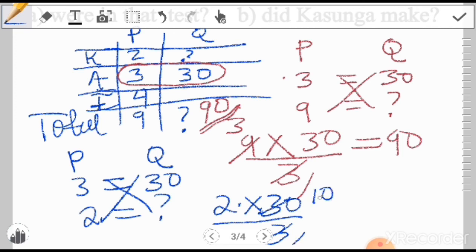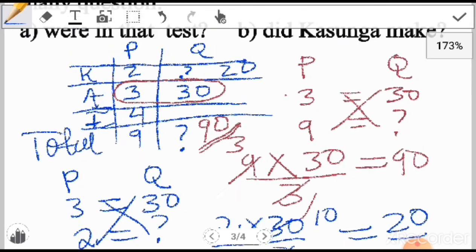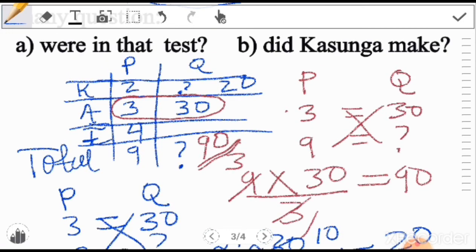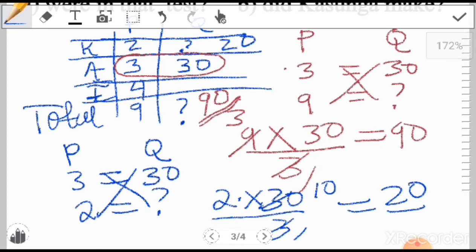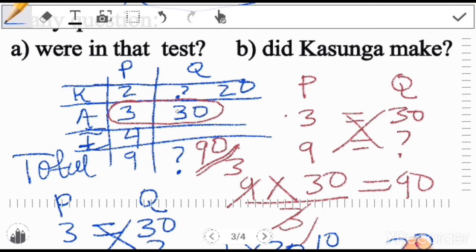So here we get 10. So 2 times 10, we get 20. So the test had a total of 90 questions, and Kasunga made a total of 20 questions.